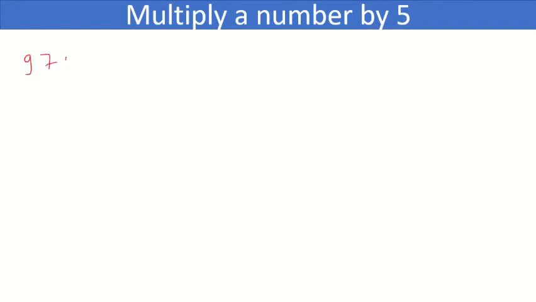Let's take 978 into 5. To multiply 978 with 5, the first method is to convert 5 in the form of 10 by 2. Why have we converted it in the form of 10 by 2? Because it's easy to divide any number by 2 rather than to multiply it with 5.